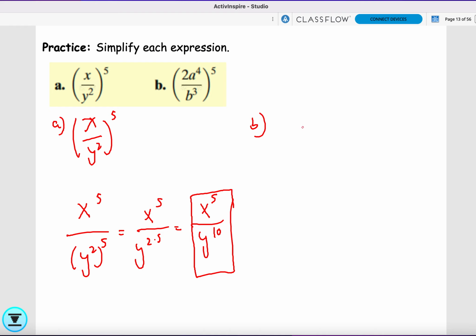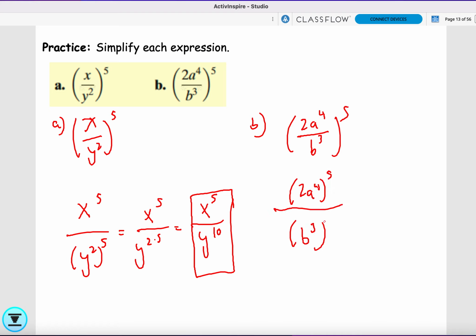B is much more complicated because now we have multiple variables on the terms. So we're going to apply it to the top and bottom, right? So it'll be 2a to the 4th to the 5th power over b to the 3rd to the 5th power. Well, on the top, the 5 is going to go to the 2 and the a. So then we're going to get 2 to the 5th times a to the 4 times 5.